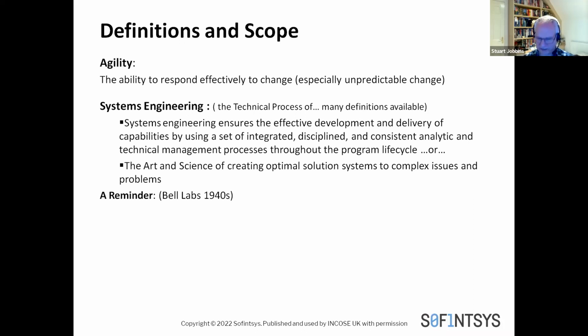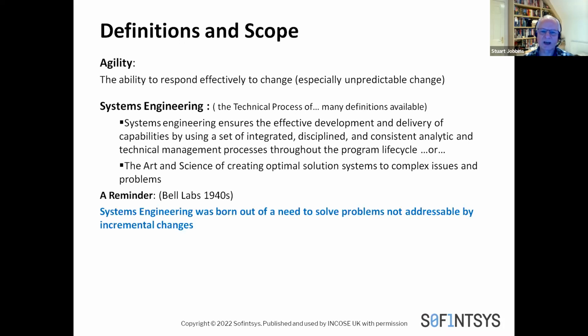But the big reminder for me is that systems engineering was born out of a need to solve problems not addressable by incremental changes. And it's really worthwhile reminding you of that explicit wording from Bell Labs, and we'll come back to that.